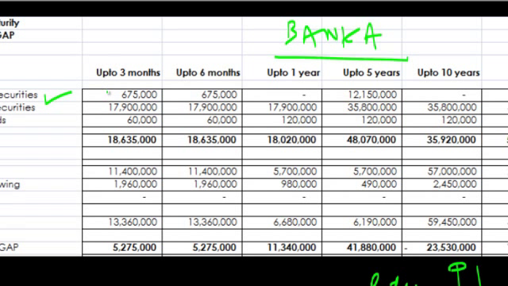So for bank A, here's the amount that matures in 3 months, here's the amount that matures in 6 months, in 1 year, up to 5 years, up to 10 years, and greater than 10 years.